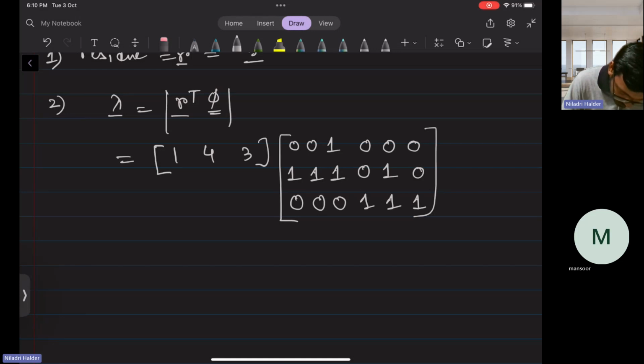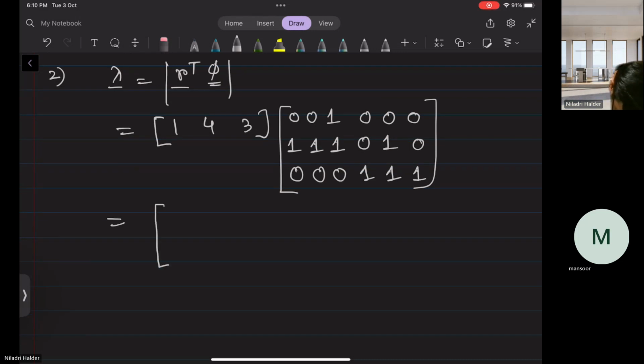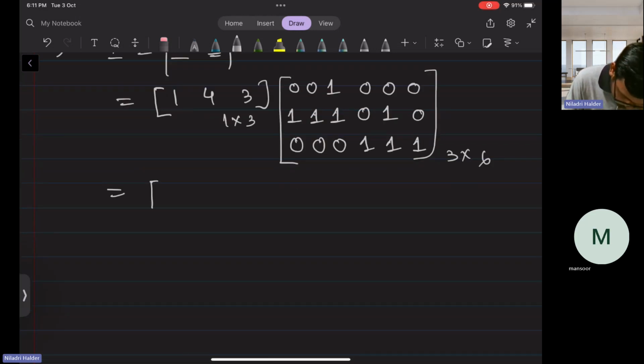That was the phi. So this is a 1 cross 3 vector, and this is a 3 cross 6 matrix, so the result will be a 1 cross 6 vector.